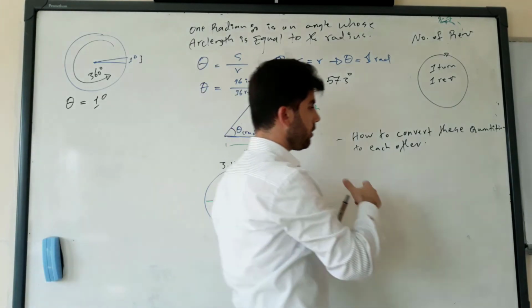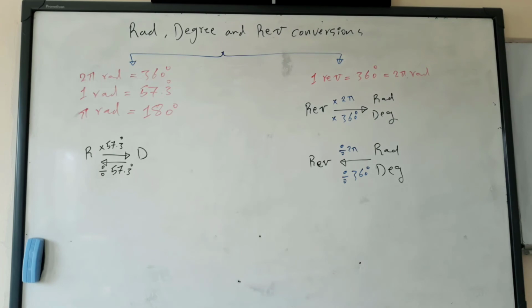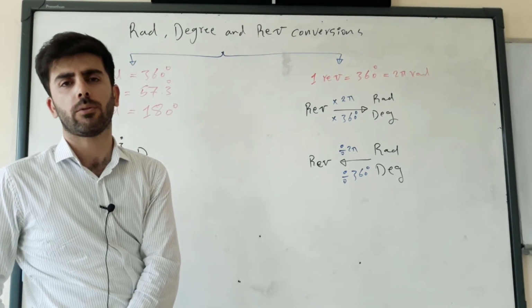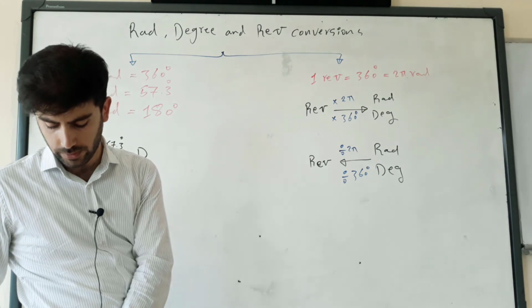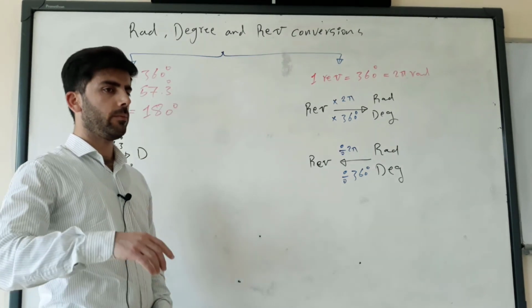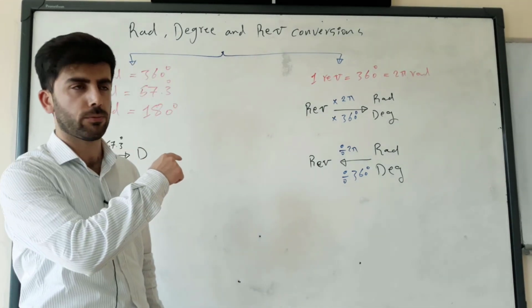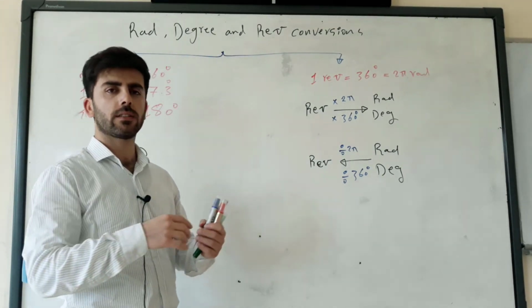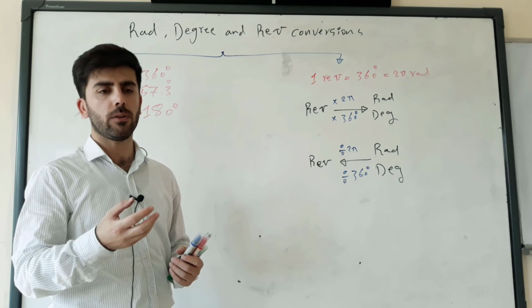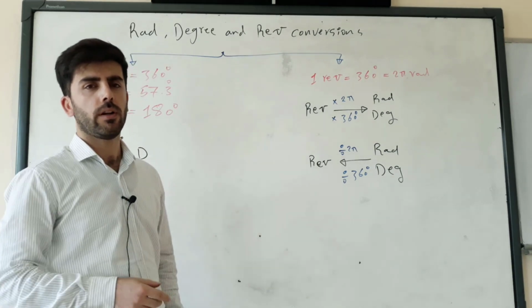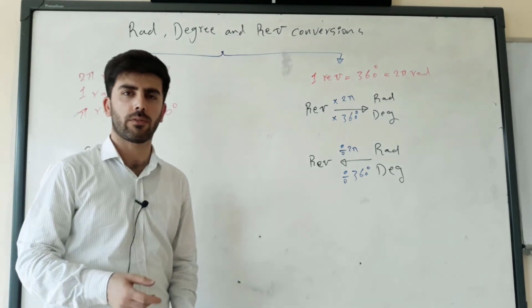So here, if we talk about the conversion, now guys, I'm going to talk about how to convert these quantities to each other. And you know that most of the questions that will come in the exams are actually in this way. You will be asked to convert an angle which has been measured in degree to radian or to number of revolution.